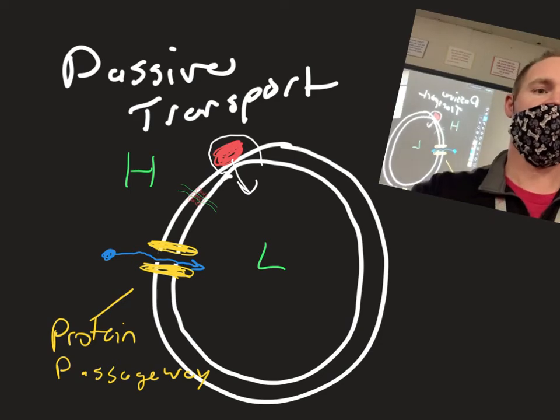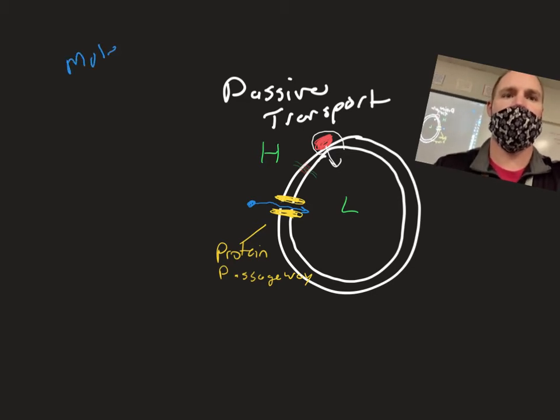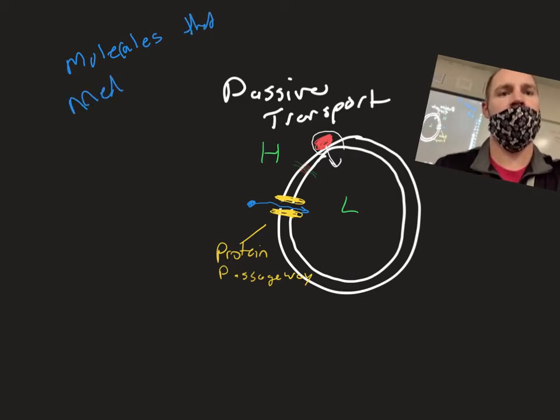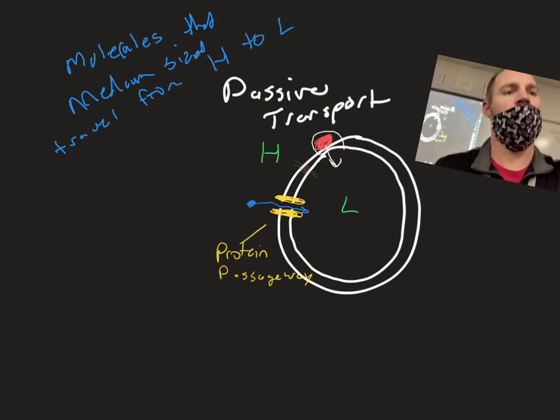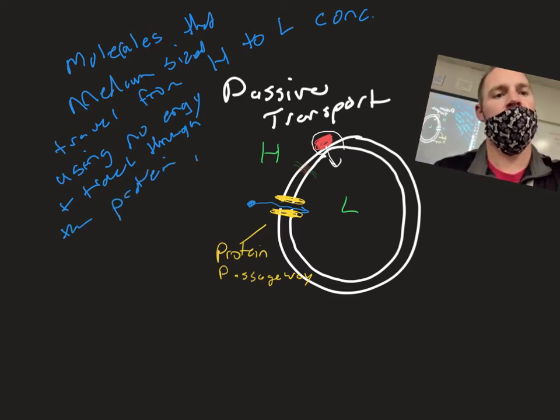Okay, and we call that passive transport. Kind of the definition that we said is that molecules that are medium-sized travel from high to low concentration using no energy and travel through the protein passageway.